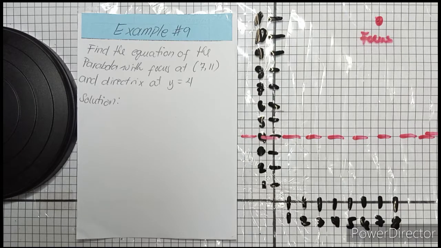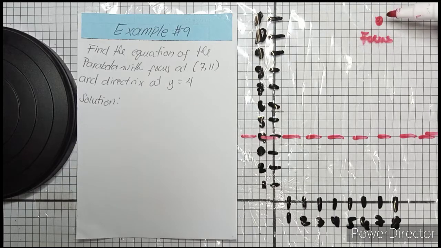So, ibig sabihin, pag focus going to our directrix, times 2 lang po natin yung distance nun from focus to vertex. So, ang una natin gagawin ngayon, let's count the distance from the focus going to our directrix, and then we're going to divide it by 2.